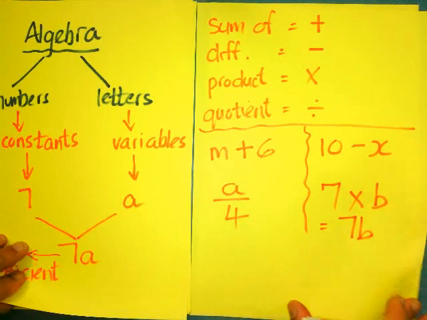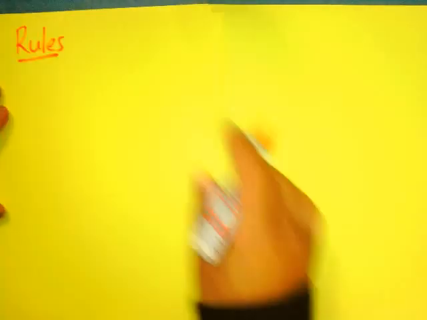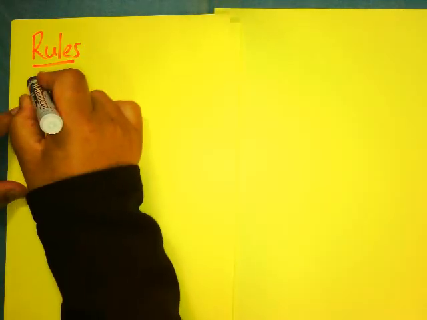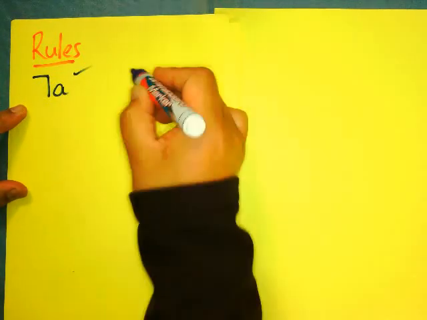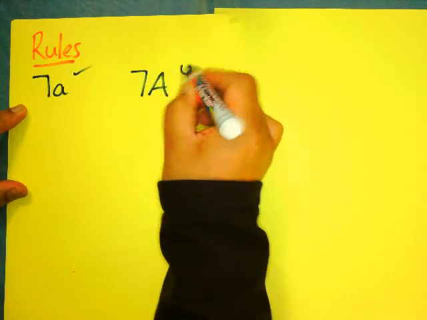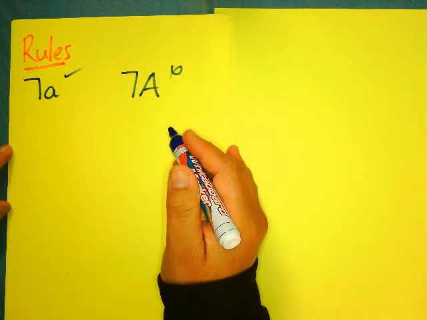Now we also look at a couple of algebraic rules. Number 1: we write 7a, that's fine, and not 7A. So the first rule is that we use small letters and not capital letters.